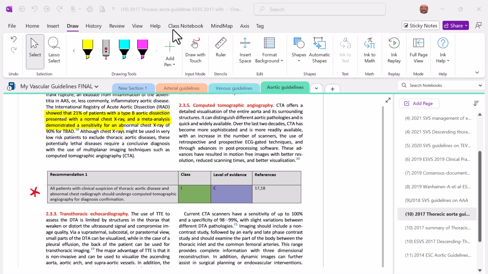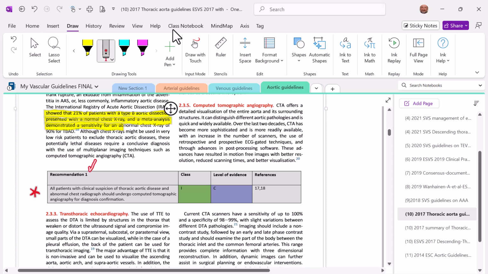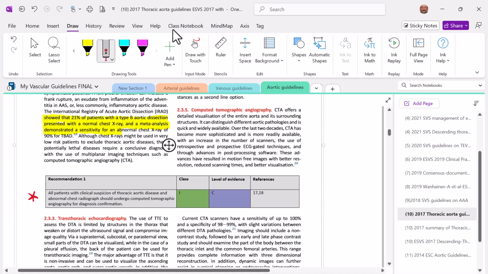So at this point, we start with our first recommendation. We know that we have 80 recommendations. And this is the first one, which is: all patients with clinical suspicion of thoracic aortic disease with abnormal chest X-ray should undergo computerized tomography angiogram for diagnostic confirmation.